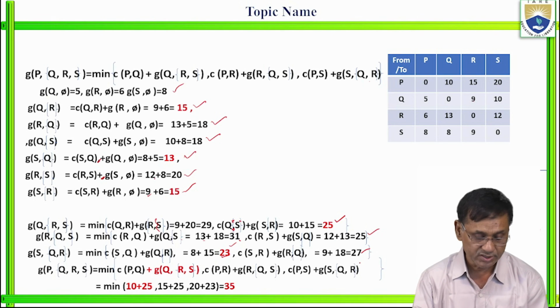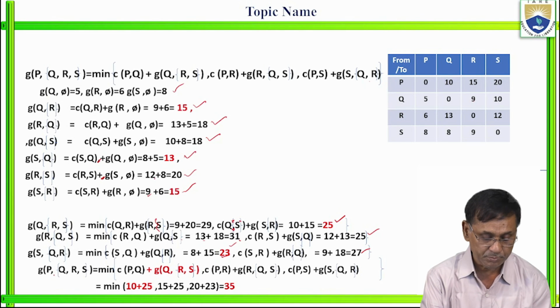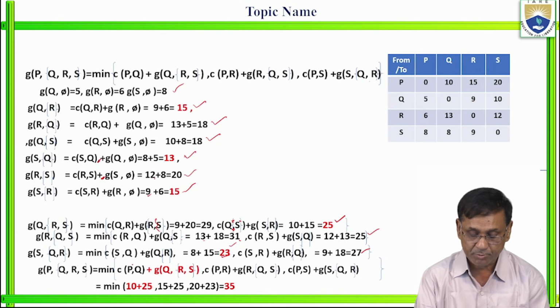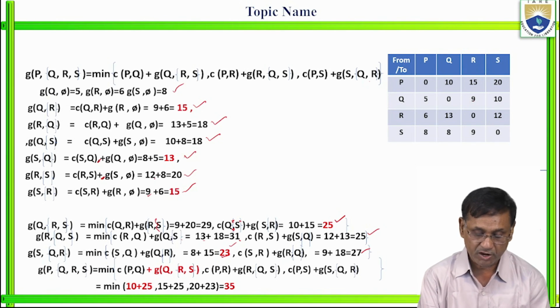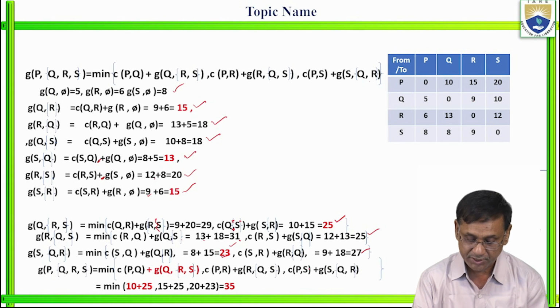Now the final formula is this: the cost of going from the starting city P to the remaining cities Q, R, S is equal to the minimum of three parts. One is the cost of edge PQ, another is the cost of edge PR, another is the cost of edge PS.